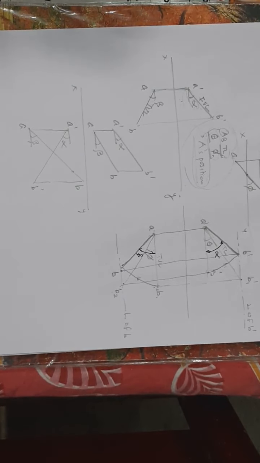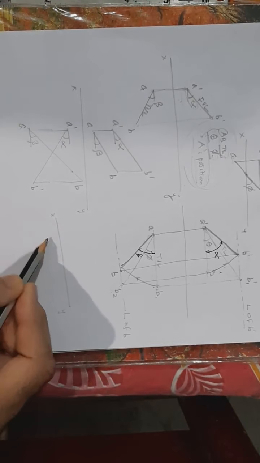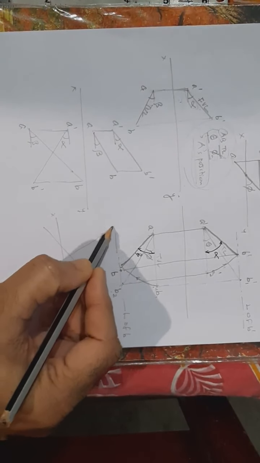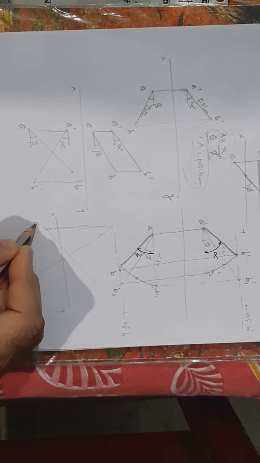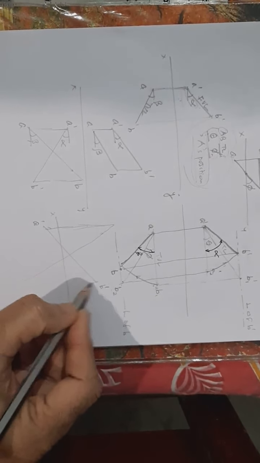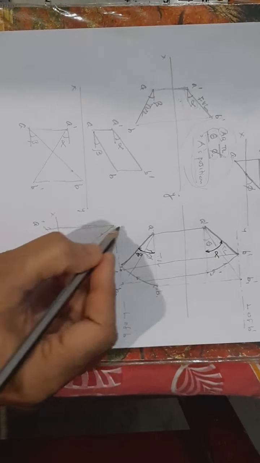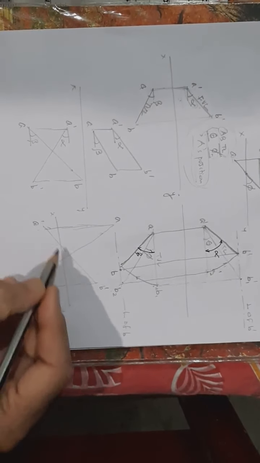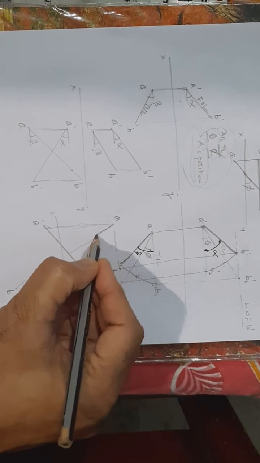I can also have a straight line's projections like this, crossing each other. For example, this is the front view of the line A dash B dash, and this is the top view of the line. A dash is here, so that means A is here, and this is B. So this is my front view and this is my top view.